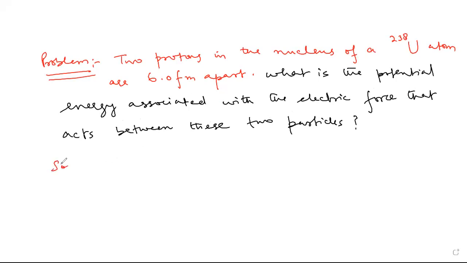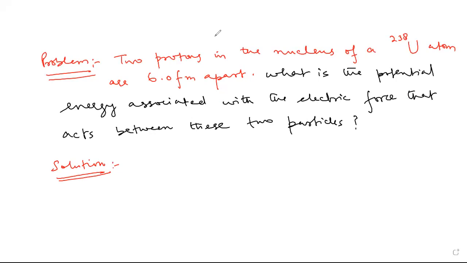So before going to the solution, let me check the problem. Two protons in the nucleus of uranium-238 atom are 6 Fermi apart. What is the potential energy associated with the electric force that acts between these two particles, right?